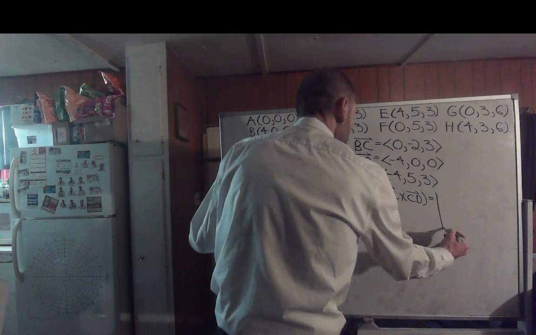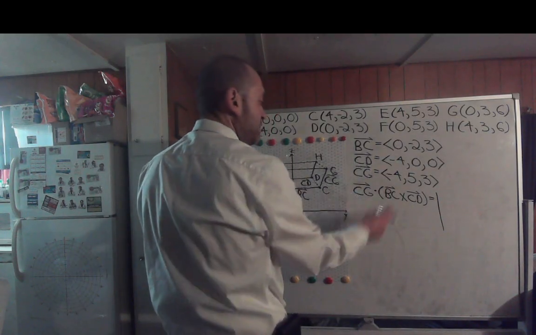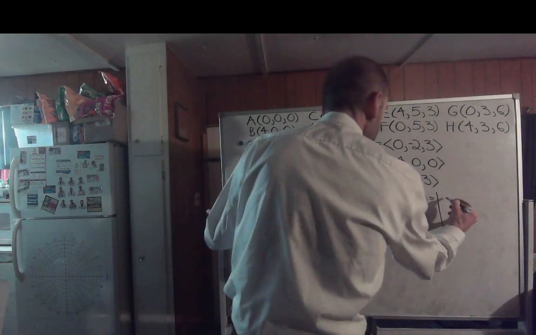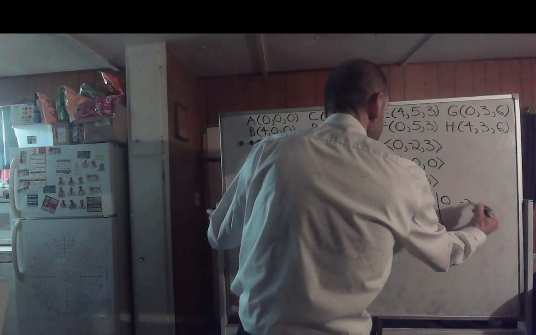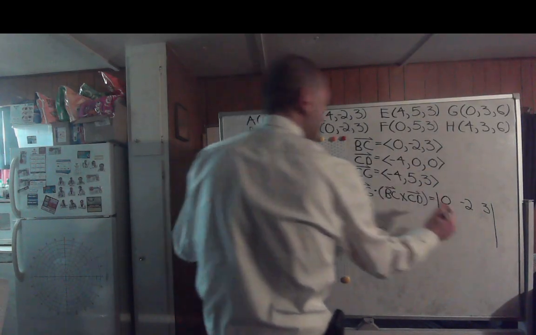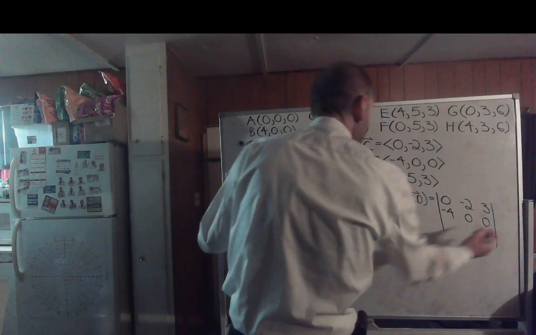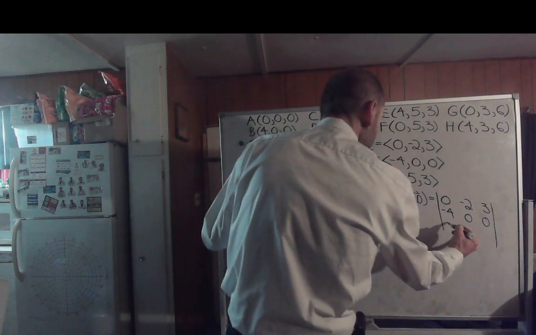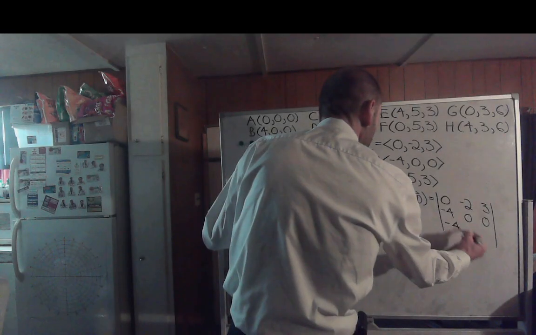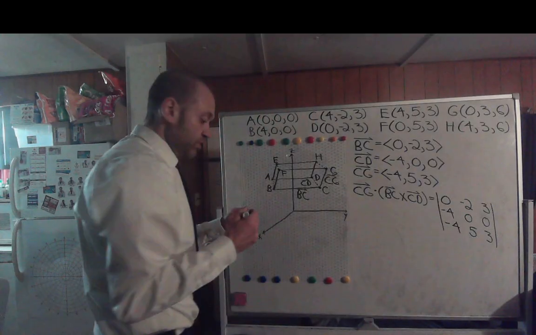So now let's set up the determinant. Take your components of BC for the first row. So you'll have 0, negative 2, 3. Second row, you'll have negative 4, 0, 0. Third row, you'll have negative 4, 5, 3. Well, would you look at that?